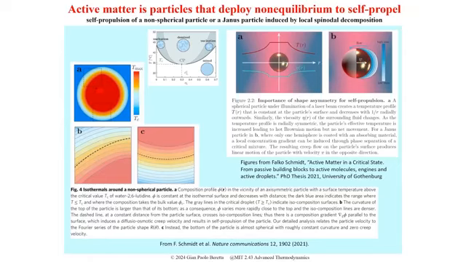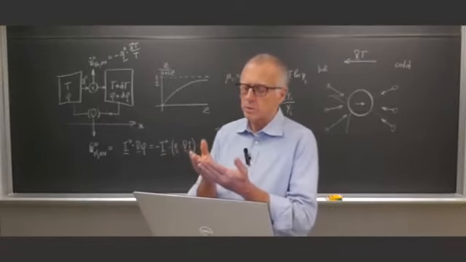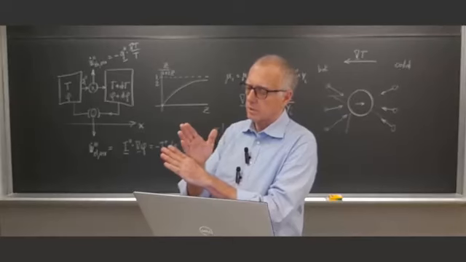Or here they have still a gold-plated particle, but all around. So it's not Janus, but it's not completely spherical. It's a non-spherical particle, and the non-spherical aspect here makes it so that the gradient in the concentration and the gradient in temperature cross. That crossing means that these two gradients are not directed the same way.